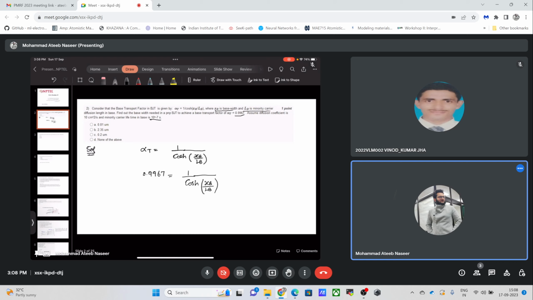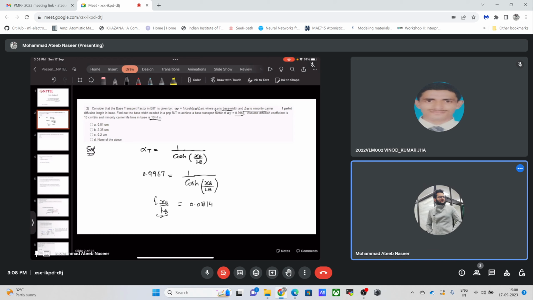Okay, so xb by lb comes out to be equal to 0.0814.